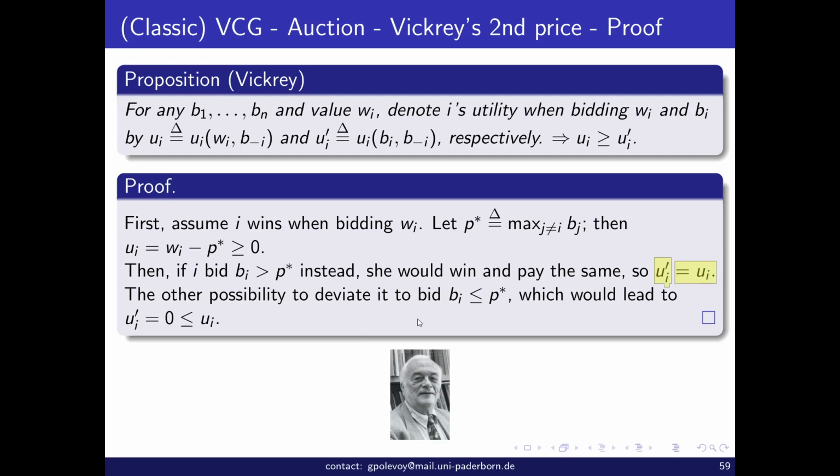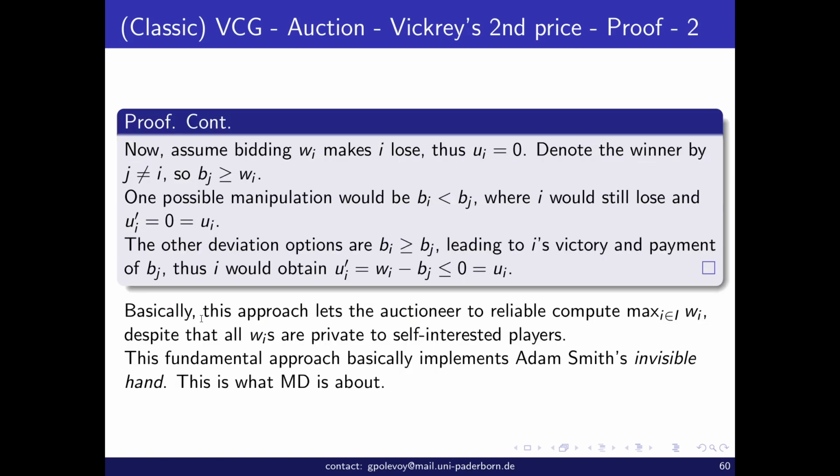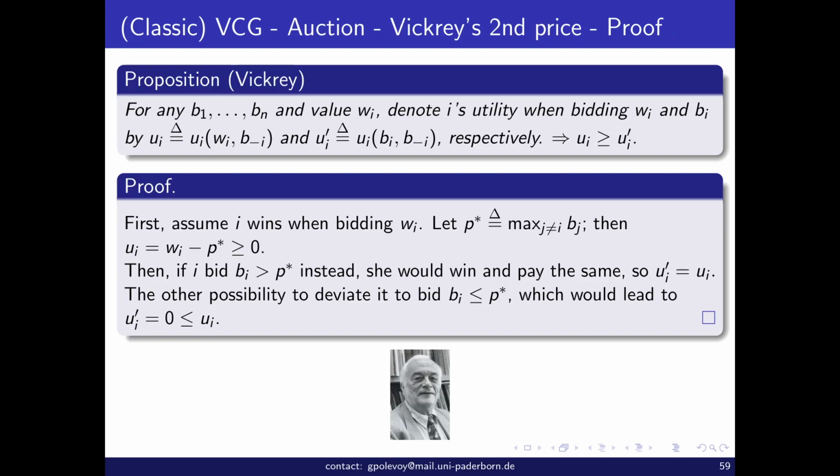Now, the other possibility is deviating by bidding something which is at most P*, which makes her either lose, or win and pay whatever she gets. So she will get 0, which is definitely not more than what she used to get. She used to get something which is non-negative, because P*, the second largest price, was always not larger than her value.